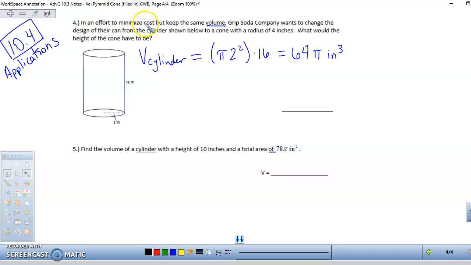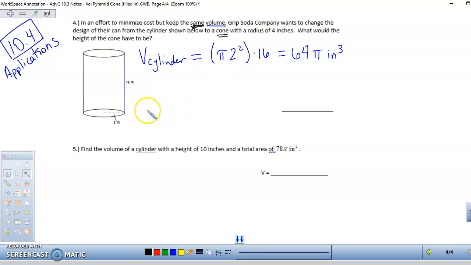So in an effort to minimize the cost, but keep the same volume, well, that's really important. It has to be the same volume. So whatever volume I get for the cylinder, I'm also going to have that same volume for the cone. And then the cone is going to have a radius of 4 inches.